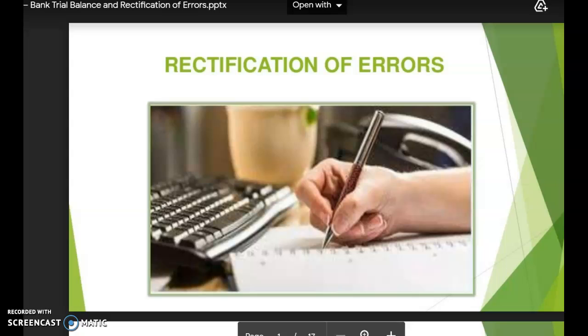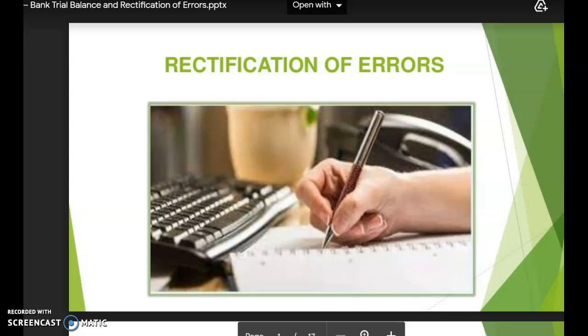You should make a difference between error and fraud. Fraud is always done with the intention to deceive someone, while error is incurred in the books of account unintentionally. The purpose of error is not to deceive someone, but as human beings we are prone to creating errors.